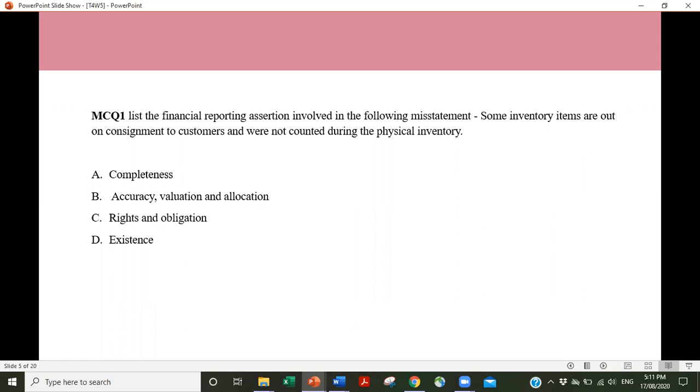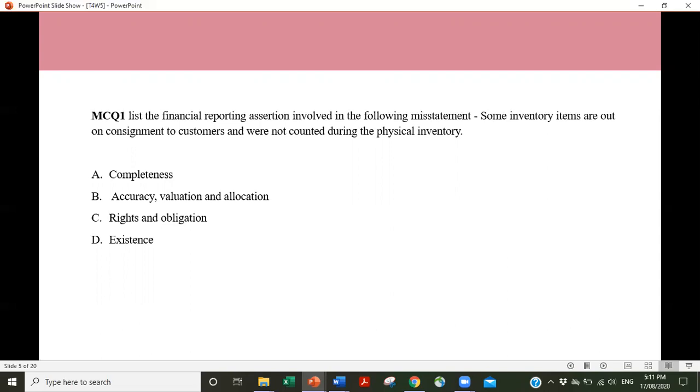So there's basically two categories of assertions: assertions about classes of transactions and events, and assertions about account balances.